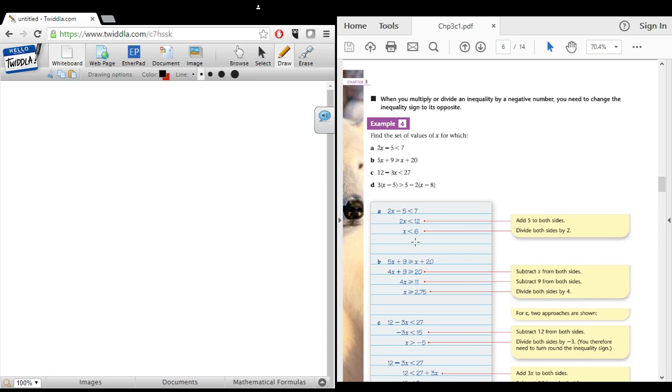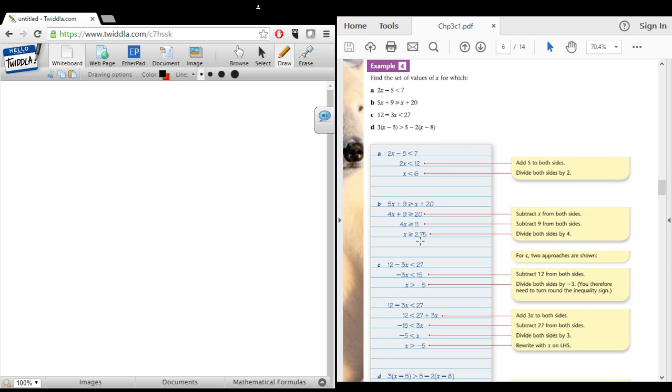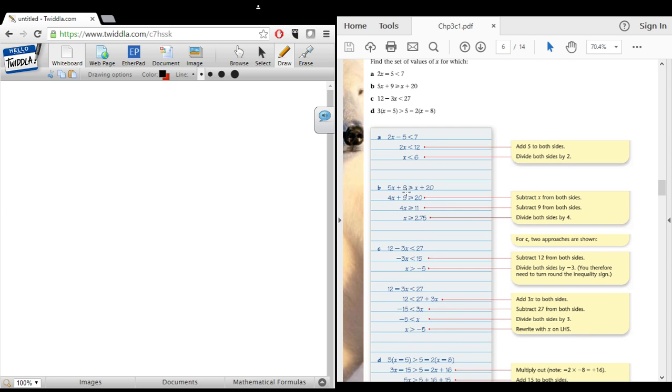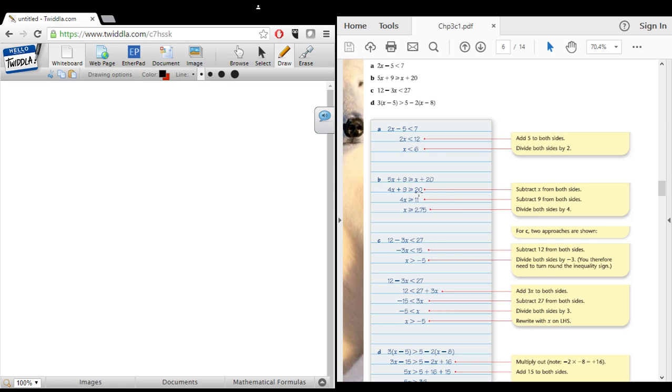So there were no negatives involved, you weren't multiplying or dividing by negatives, so everything's all good. 5x plus 9 is greater than or equal to x plus 20. Alright, and they've taken x to the other side. Again, the technical term here is subtract x from both sides, but I like to think of it as taking it to the other side. It works exactly the same way. There's never any error in doing that particular method, because it's always the same thing.